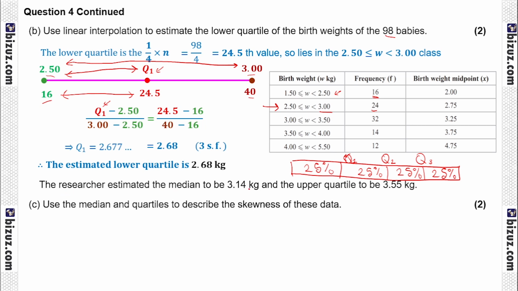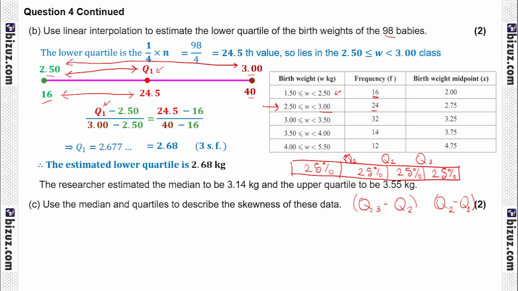The researcher estimated the median to be 3.14 kilograms and the upper quartile to be 3.55 kilograms. Part C. Use the median and quartiles to describe the skewness of these data. The way we are going to find the skewness is to compare Q3 minus Q2, this difference, and Q2 minus Q1, this difference.